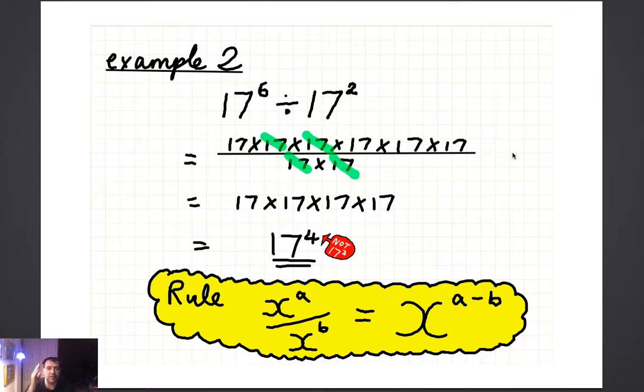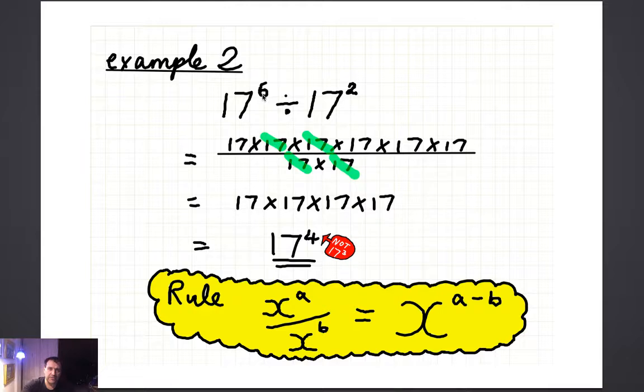Now, writing it that way, you can see that two 17s on the top cancel with two 17s on the bottom. So that's what those green lines are. That's cancelling out. And that's leaving me with 17 times 17 times 17 times 17 on the top. So in other words, the whole thing's equal to 17 times 17 times 17 times 17, which is 17 to the power of 4. 17 multiplied by itself 4 times.